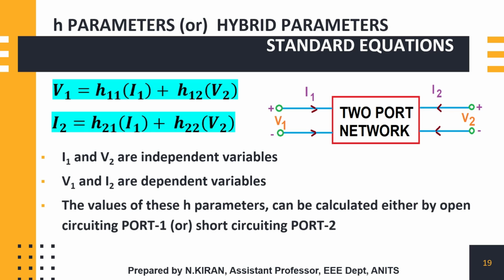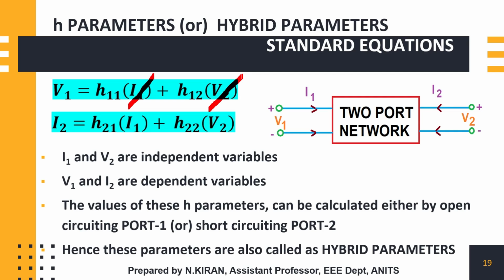Here you can see the H parameters can be calculated either by making I1 as 0 or V2 as 0. I1 = 0 indicates open circuiting port 1 and V2 = 0 indicates short circuiting port 2. So in other words, either by open circuiting port 1 or by short circuiting port 2, I can find the values of H parameters. So it is a mixture of what we have seen in Z parameters as well as Y parameters. Since it is a combination of those two conditions, these are generally named hybrid parameters.